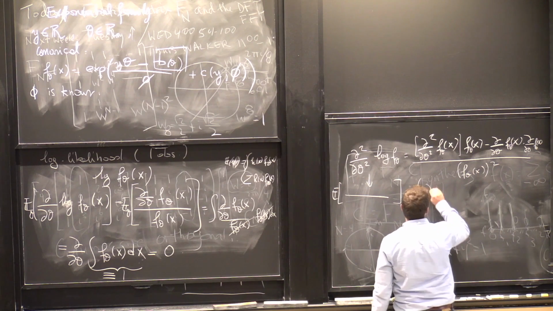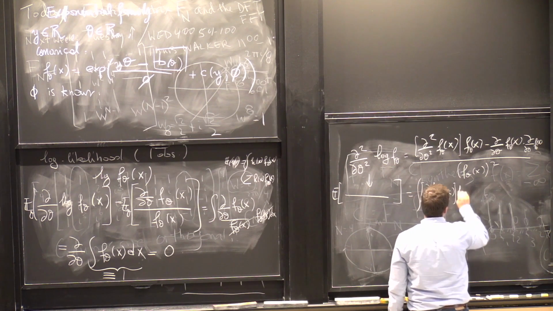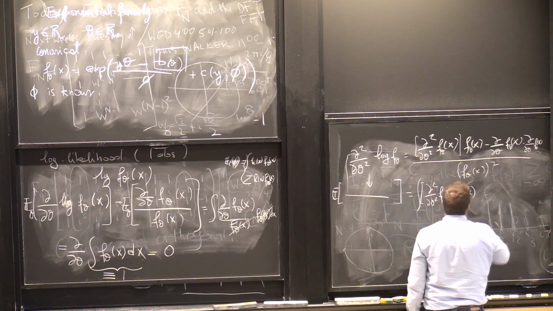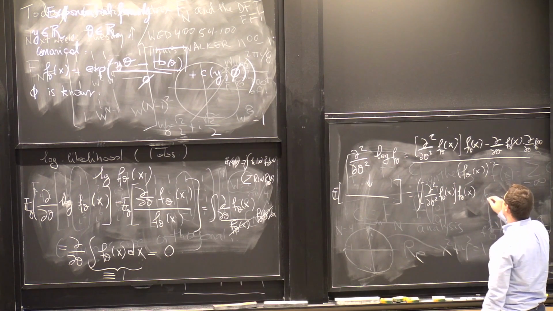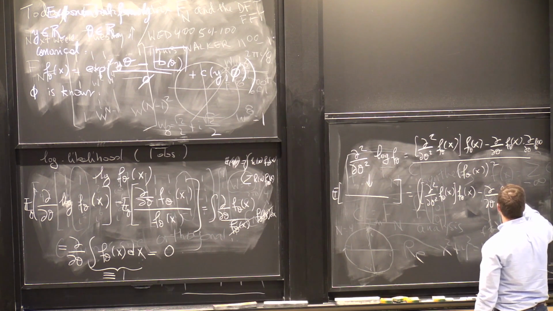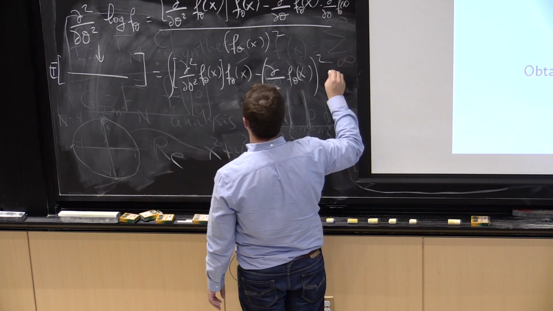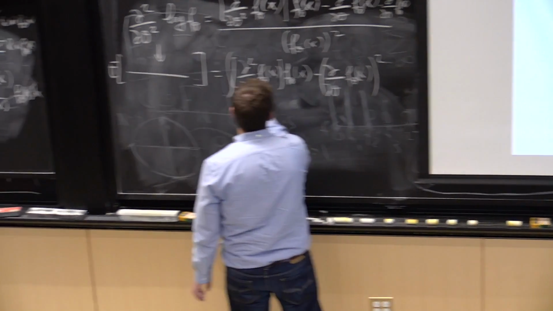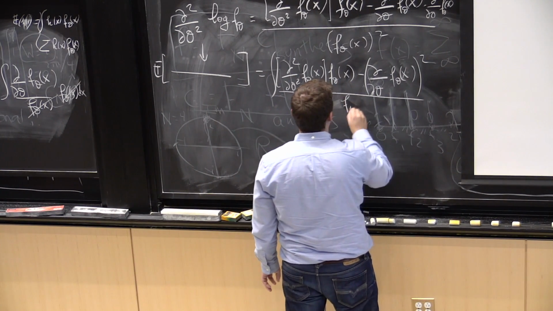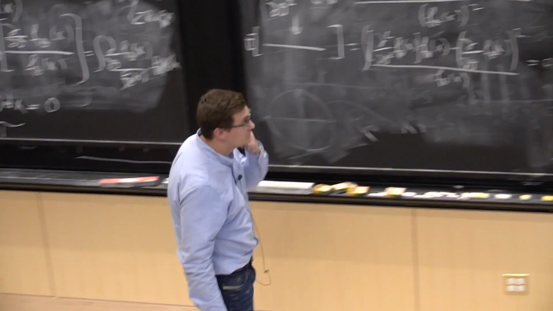So I'm going to get the second derivative minus the first derivative squared, divided by f theta. And I know that this thing is equal to 0.